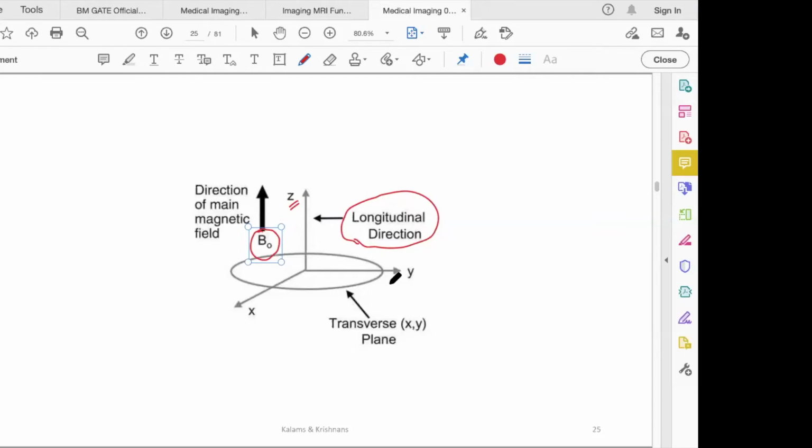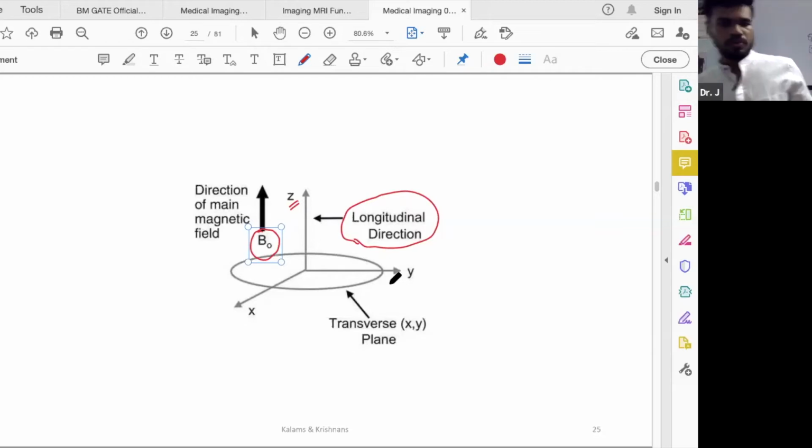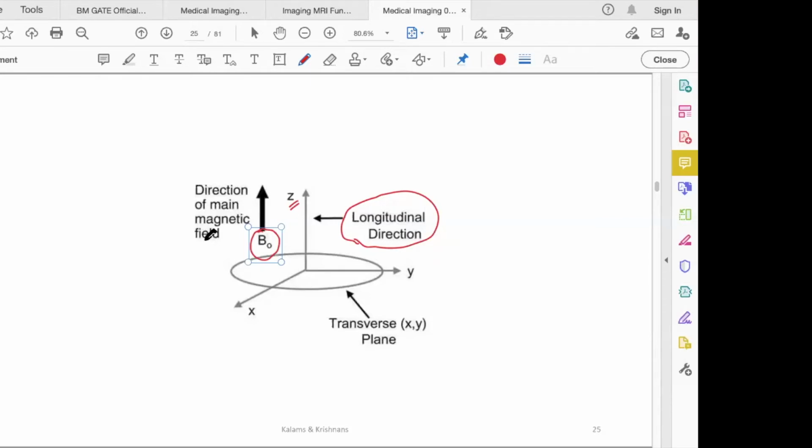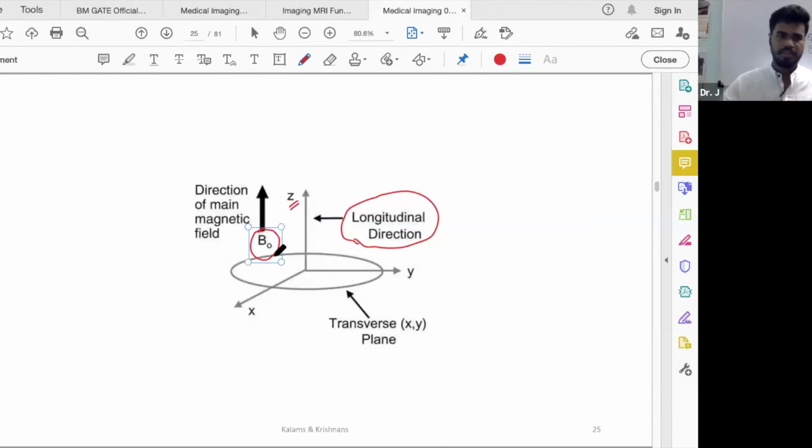Yes, sir. Now, what do you think happens to all these protons when the MRI machine is turned off? What would be the net magnetic field from the protons? If the magnetic field is turned off, they will be pointing in different directions, all over the place.